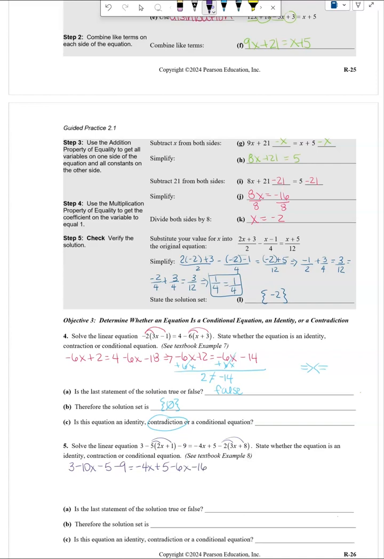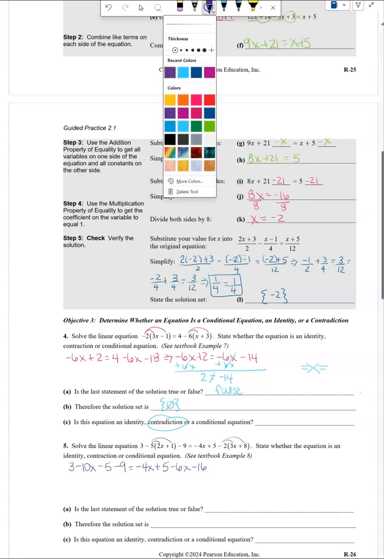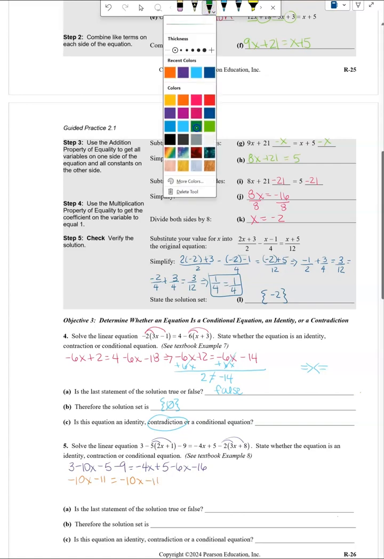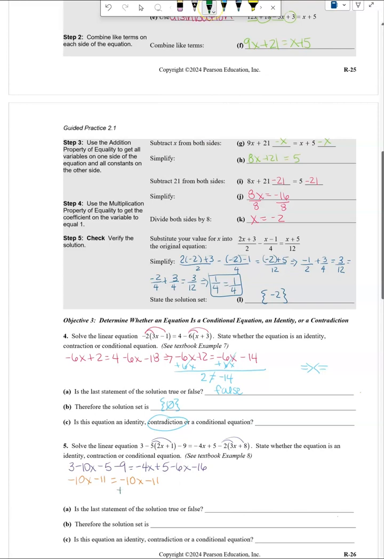So on the left we just have negative 10x, and then we could combine the constants, so it's going to be negative 11, and that's going to equal negative 10x and negative 11. We could always do the same thing we did before, and add 10x to both sides, which will leave us with negative 11 equals negative 11. And that is true.